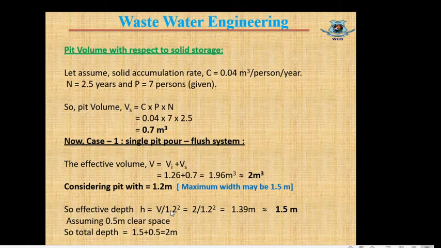Finally A is equal to 1.39 meter, and rounding this we will get 1.5 meter. So we will get a pit having width equal to 1.2 meter and depth 1.5 meter.